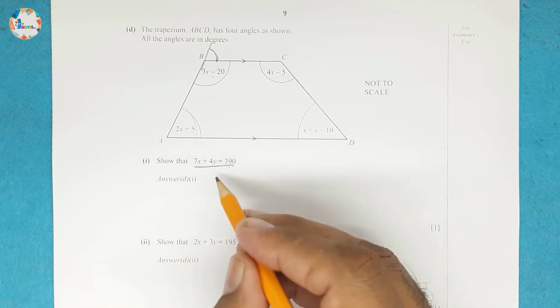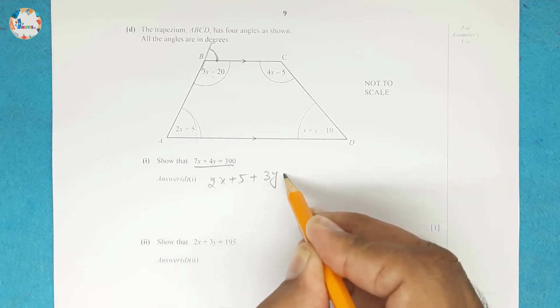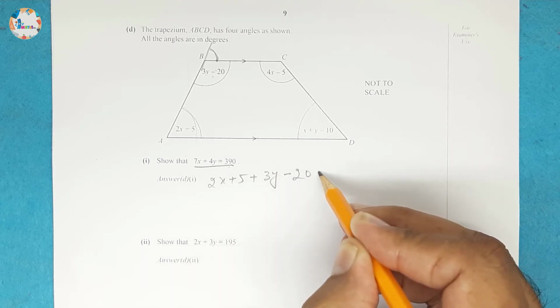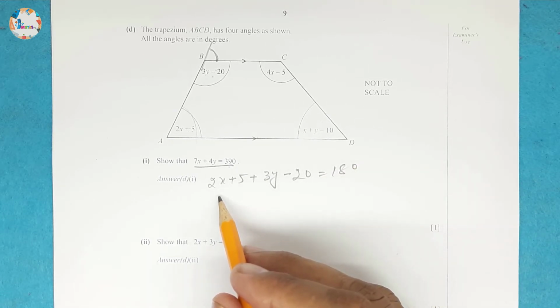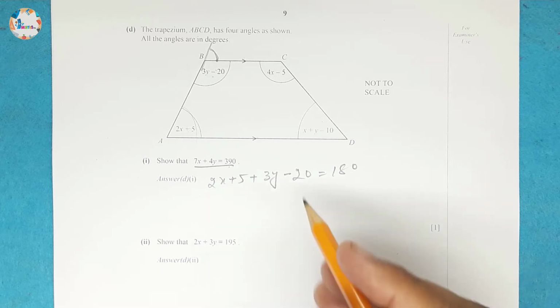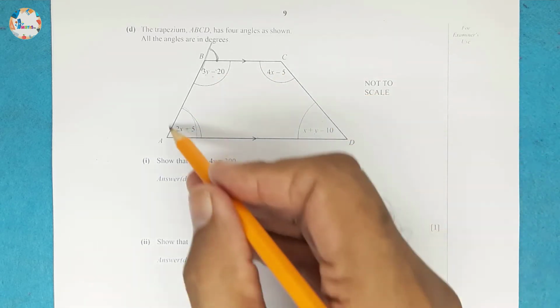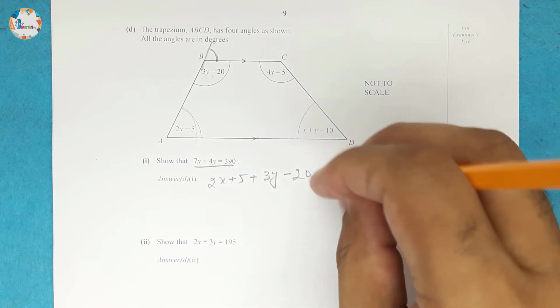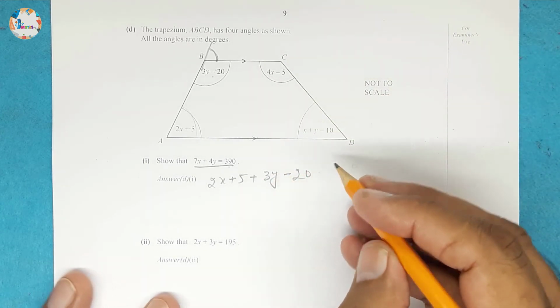So we can write it as 2x plus 5 plus 3y minus 20 is equal to 180 degrees. Or what we can do, we can just add them all and write it equal to 360 degrees, because the interior angles of a quadrilateral add up to 360 degrees.